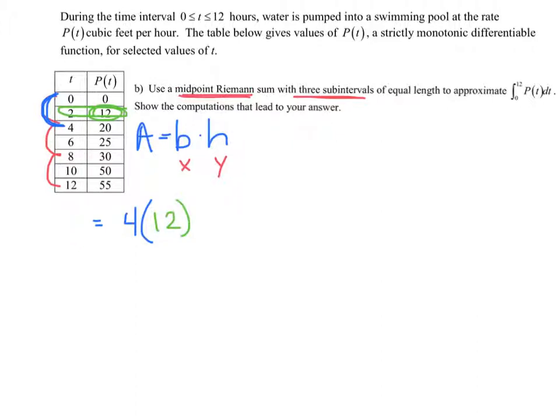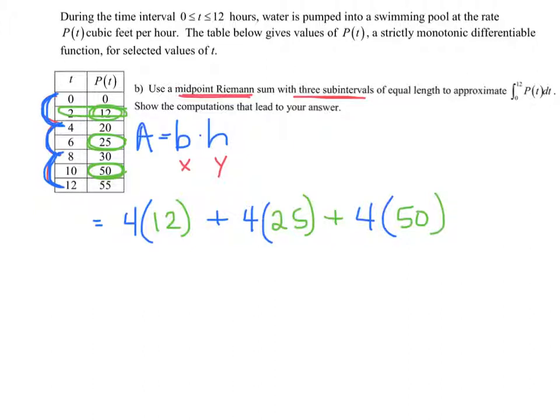Then I add the next rectangle. My base goes from 4 to 8, so that's a length of 4 again, and my height again takes the middle y value, which here would be 25. Plus, last one, again a base with a length of 4, from 8 to 12, and my middle y value would be 50.